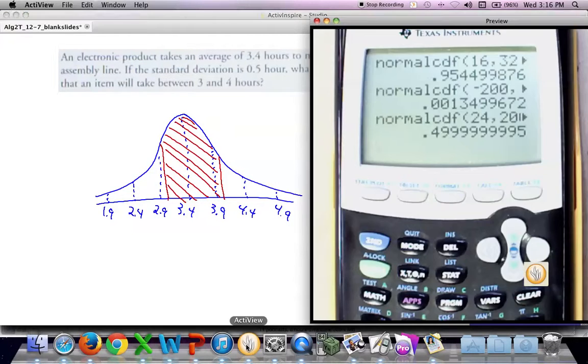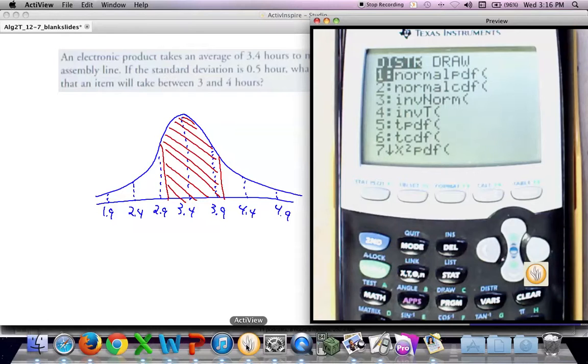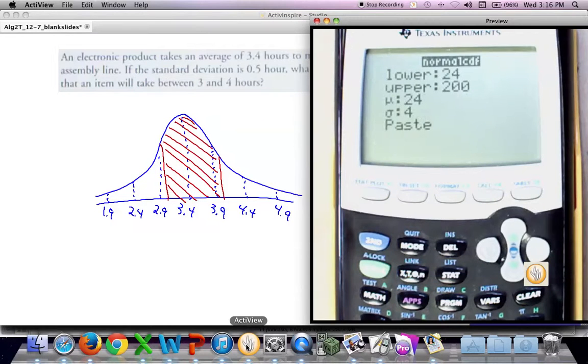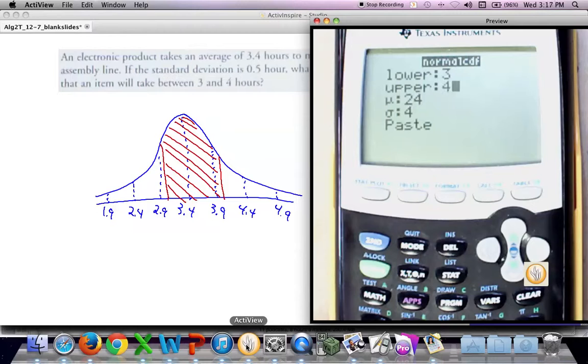So go to your calculator. Second, VARS, 2 for normal CDF. The lower bound now is 3. The upper bound is 4. The mean is 3.4.